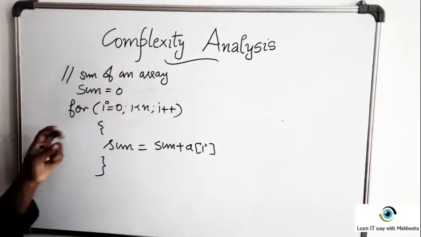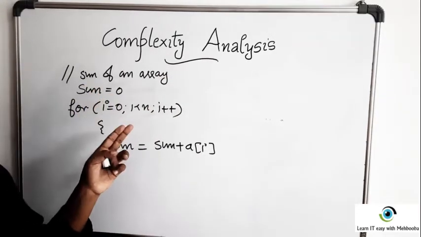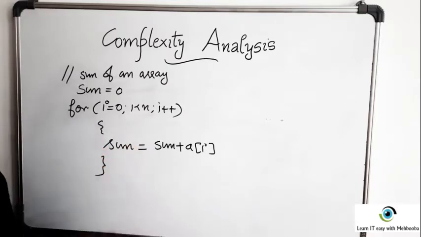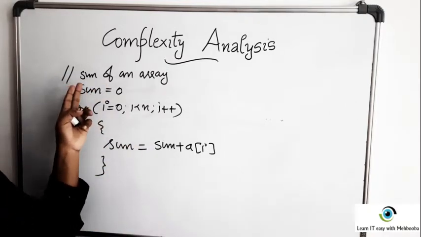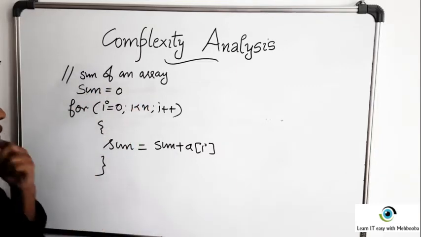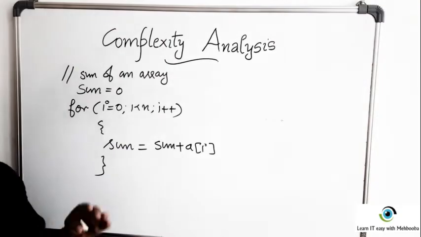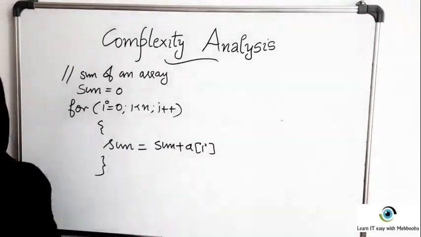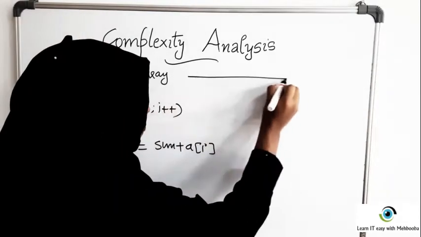So what we have to do here is find out the frequency of execution of each and every statement in this program. The first statement is the comment, sum of an array. You know that a comment is given just for the convenience of the user. The program has nothing to do with the comment. So the frequency of the comment will be simply 0.